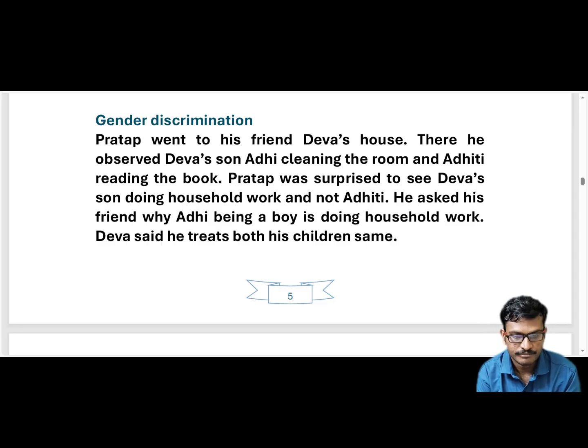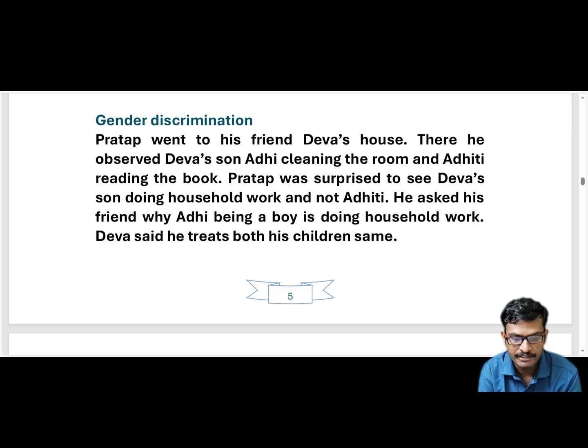Deva replied that he treats both of his children equally.